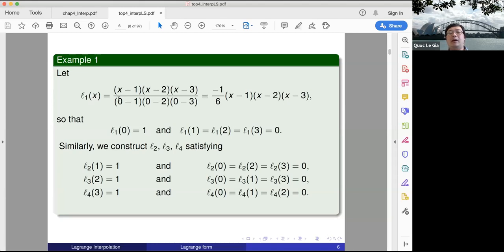And then in the denominator, you have the first point minus the second point. Yes, so this one is L2, right? Do not forget to divide it. On the top you have x minus 0, so you have 3 terms.